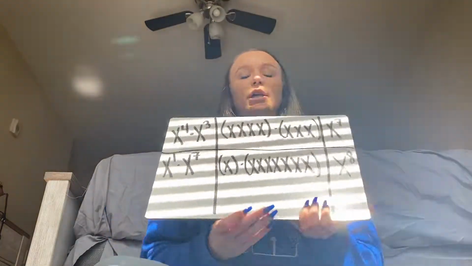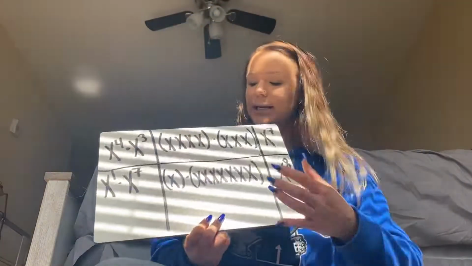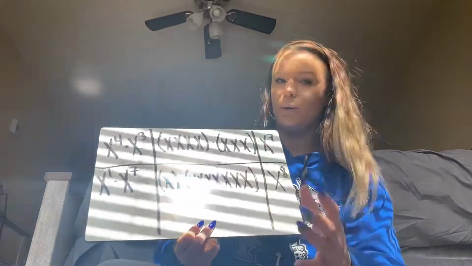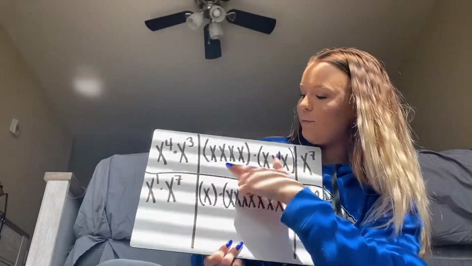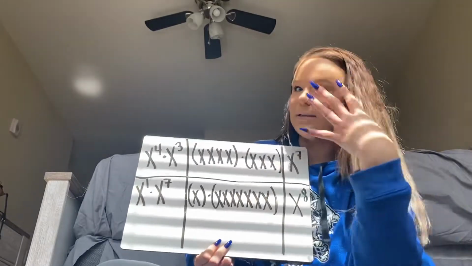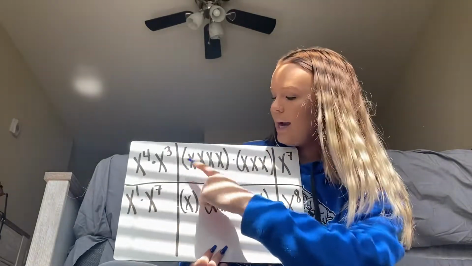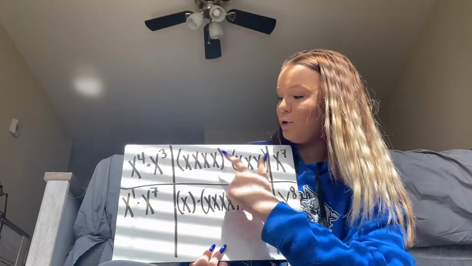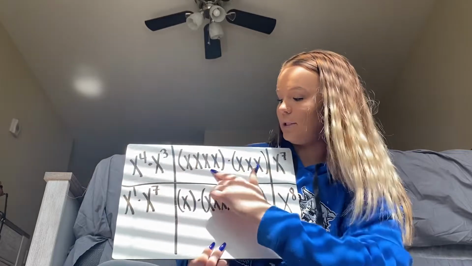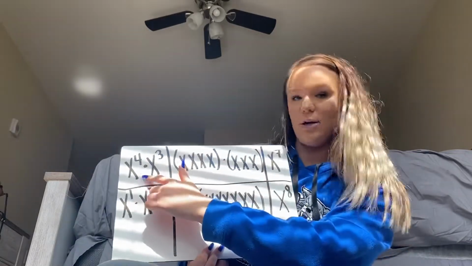What you're going to see is all of this written out in expanded form. x to the fourth, if we wrote that out, would be 4 x's. x to the fourth just means that there's 4 x's. So we have x, x, x, x. Then I put my multiplication symbol in between x to the fourth and x to the third, just like I did over here.